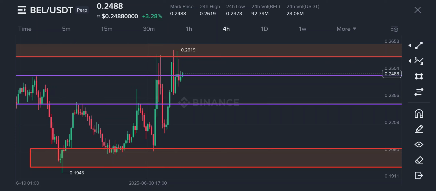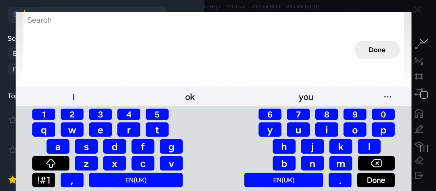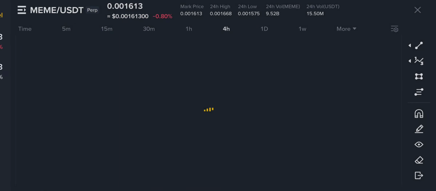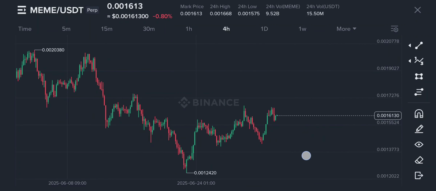Another one is meme USDT. Okay, this is what our chart on meme USDT looks like.